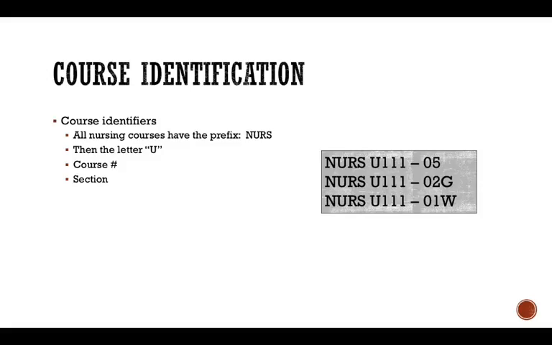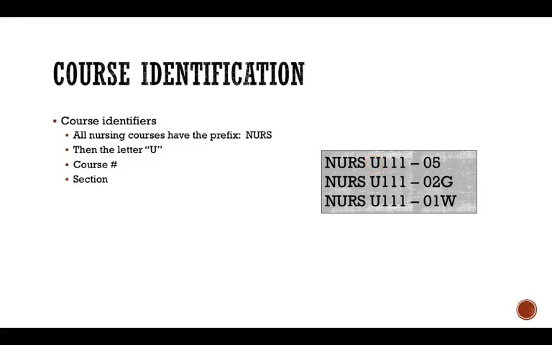The course identifiers consist of 4 letters, NURS, at the beginning of each nursing course. NURS indicates that this is a nursing course. That is followed by a U. The U indicates this course is taught at USC Upstate and not at one of the other campuses.